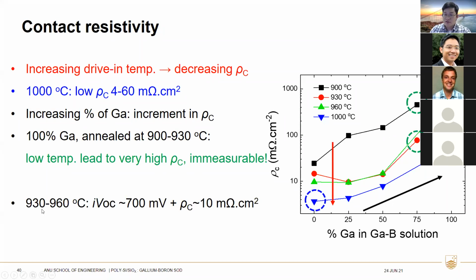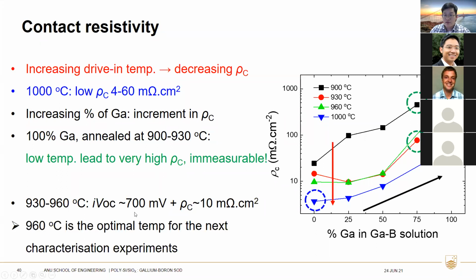For the 930 to 960 degree annealed samples, we see iVoc around 700 millivolt together with a contact resistivity around 10 milliohm centimeter squared, which is relatively good passivation. So we choose 960 degrees as the optimal temperature for the next characterization experiments.